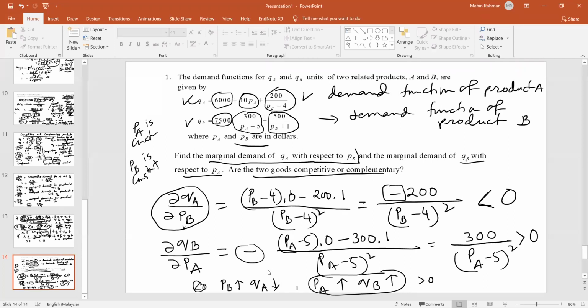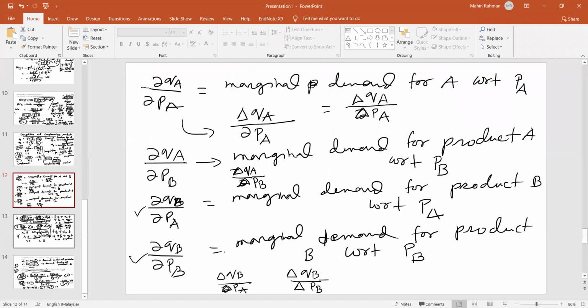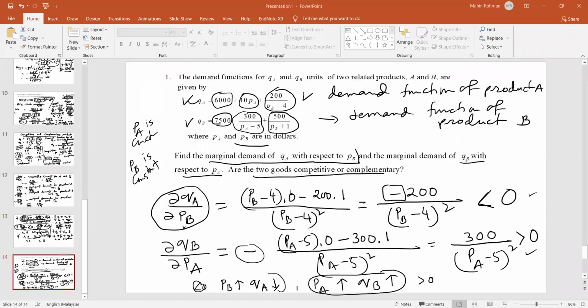So one is positive, one is negative. So that means A and B are not complementary and not competitive, because they don't follow the same kind of relationship. That means they don't have any relationship.